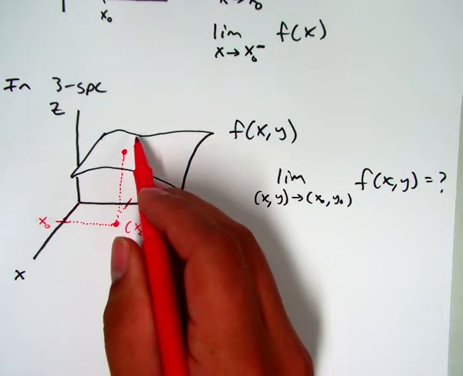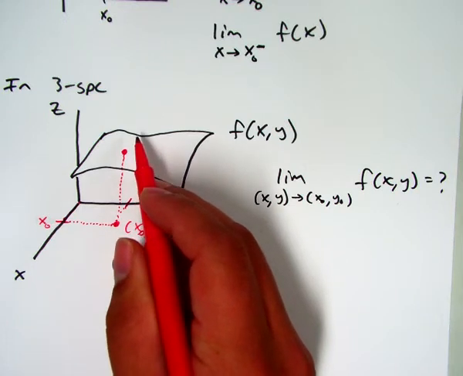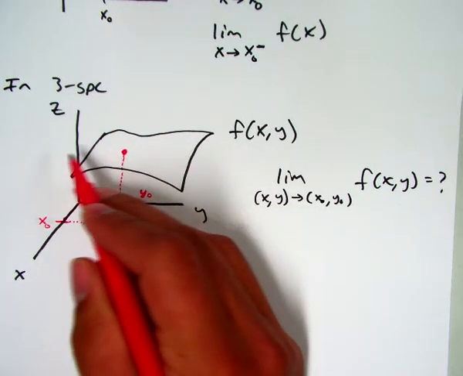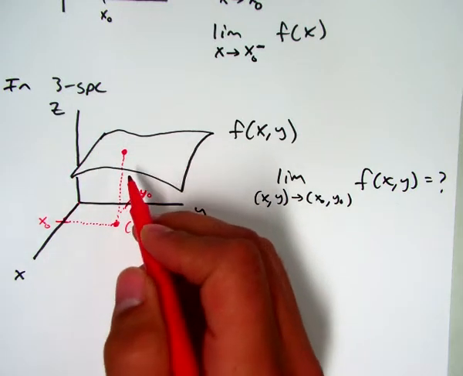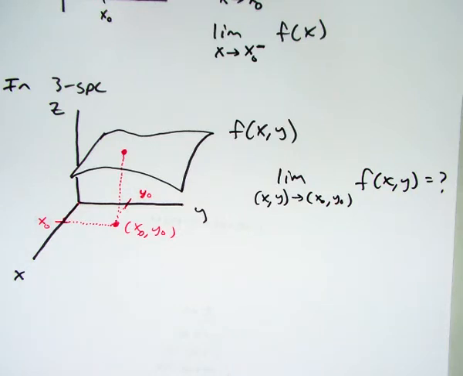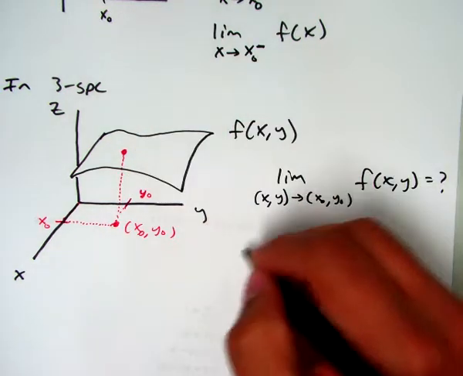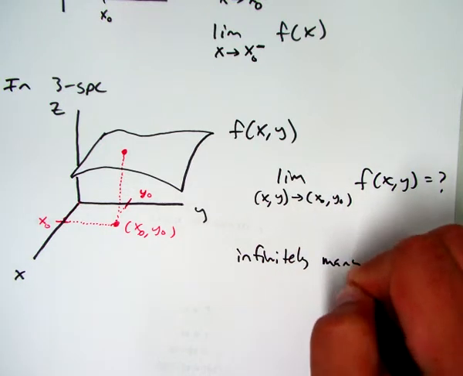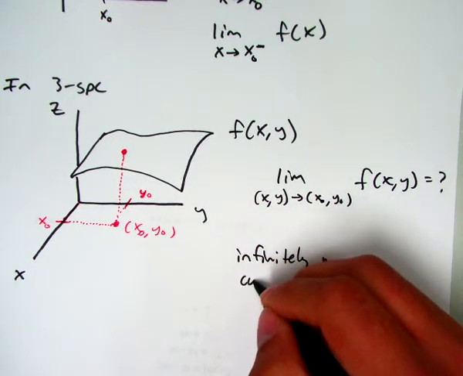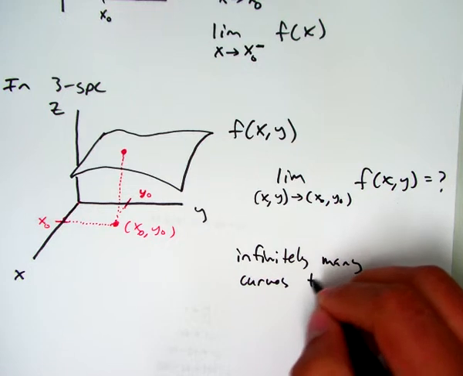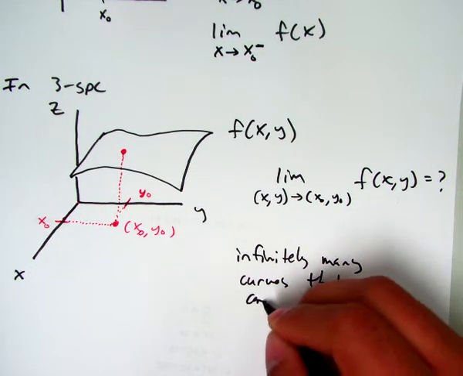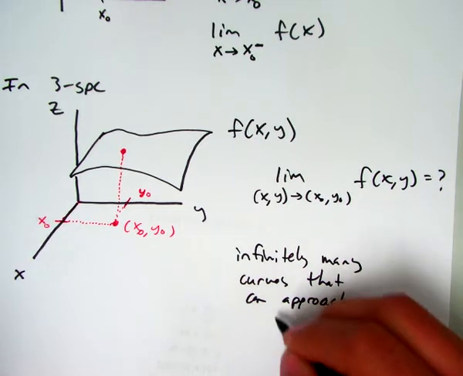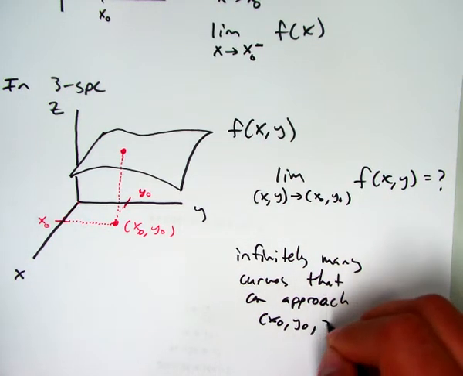We could approach it as we come parallel to the x-axis, coming from behind, going forward. We can go along the y-axis, from the left, from the right. We can go at different angles. We can go along different curves. So the issue becomes, there are infinitely many paths or let's say curves that can approach the point x naught, y naught, z naught.